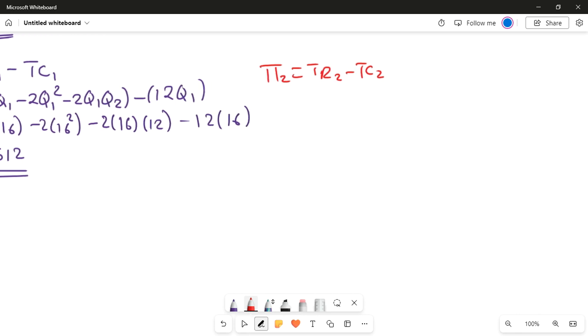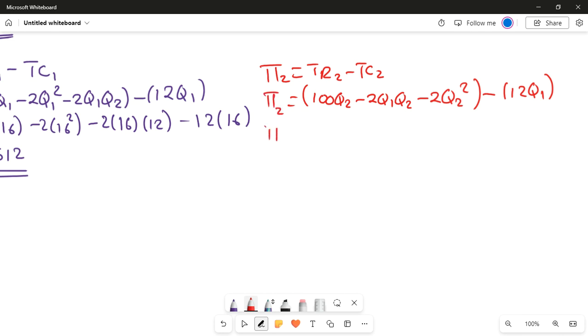From our calculations above, the total revenue function for firm number 2 is 100 Q2 less 2 Q1 Q2, then minus 2 Q2 squared. So that's our total revenue, minus the cost.